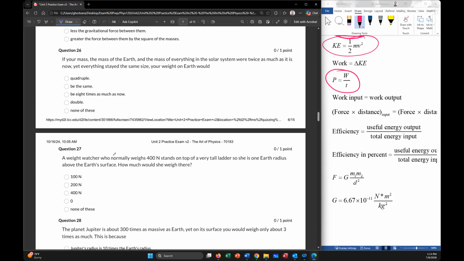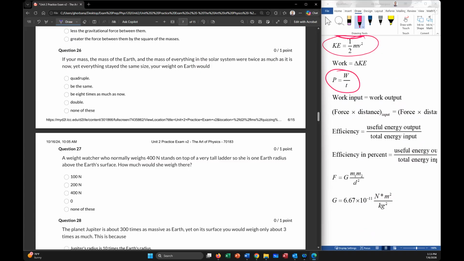Question number 26. If your mass, the mass of Earth, and the mass of everything in the solar system were twice as much as it is now, yet everything stayed the same, your weight on the Earth would be... Quadruple?